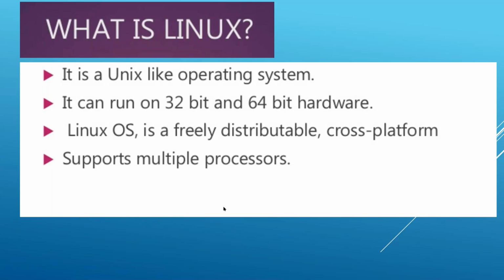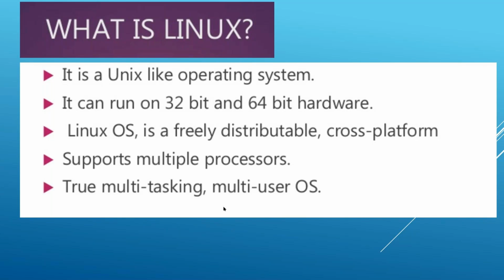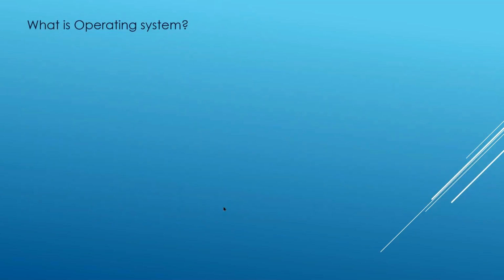Linux is a true multitasking, multi-user operating system. Multitasking means at a time we can perform multiple tasks in Linux. Multi-user means multiple users can log in to the server at a time. So what is an operating system?